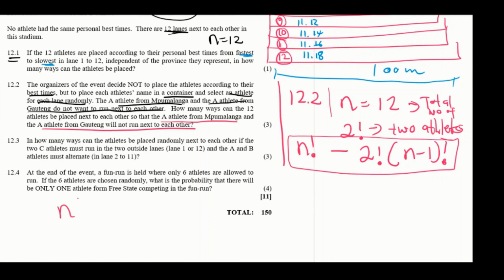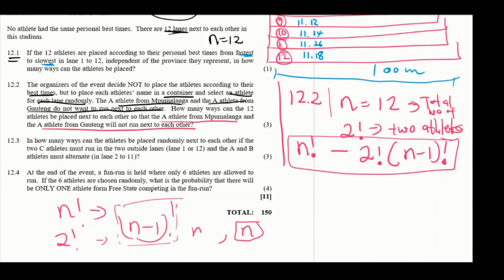Remember that N factorial is the total number of athletes. At 2 factorial, it is those 2 athletes that don't want to run next to each other. And then N minus 1 basically means, it's like saying if N is the last term, what is the previous term before N? It's N minus 1, right?